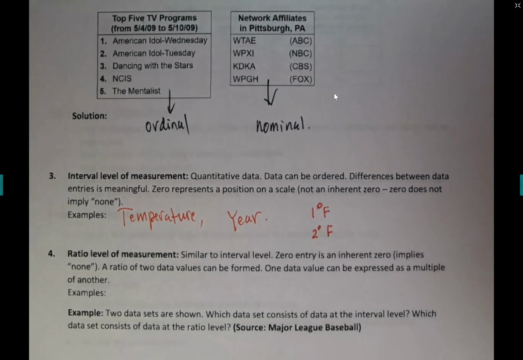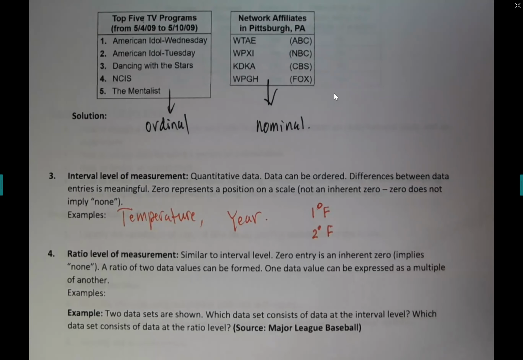Can you say that it is twice as cold in Livonia than it is in Dearborn? Because it's 2 times as much. Does that make sense? Will you guys be able to tell the difference if it was 1 degree or 2 degrees outside? Actually, you won't be able to tell the difference. So you cannot compare this way with temperature.